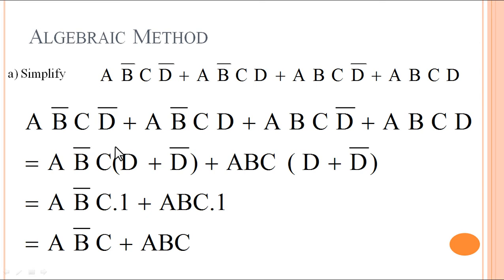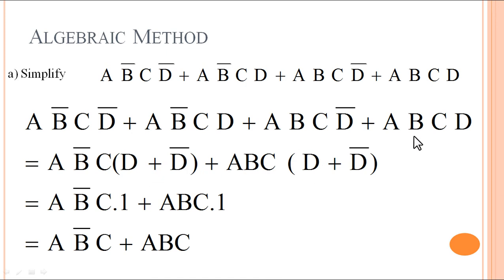Now when you arrange the terms in order, you find in the first 2 terms A, B bar, C are the same. So take it as common. So A, B bar, C is common from these two terms. The remaining will be D and D bar. So we have arranged it in order, D plus D bar.